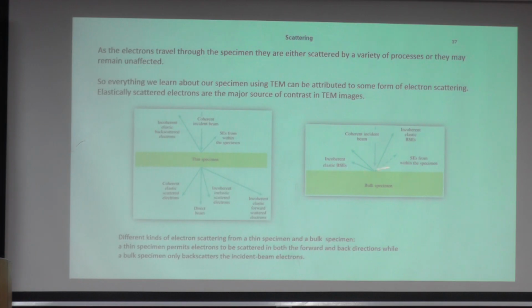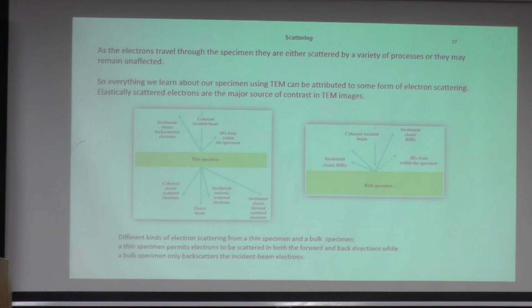But because your sample is very thick, you have so much multiple scattering in this sample that the electrons cannot go outside of the specimen.